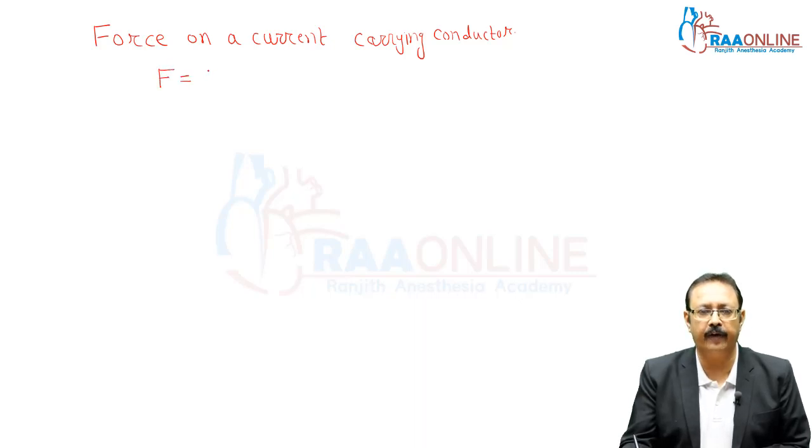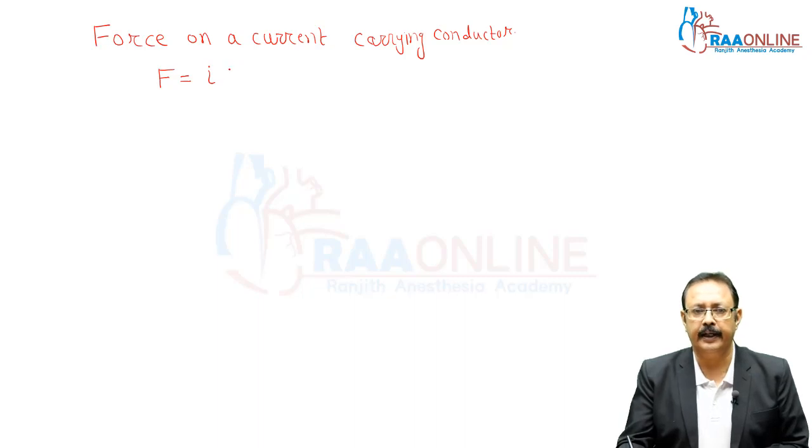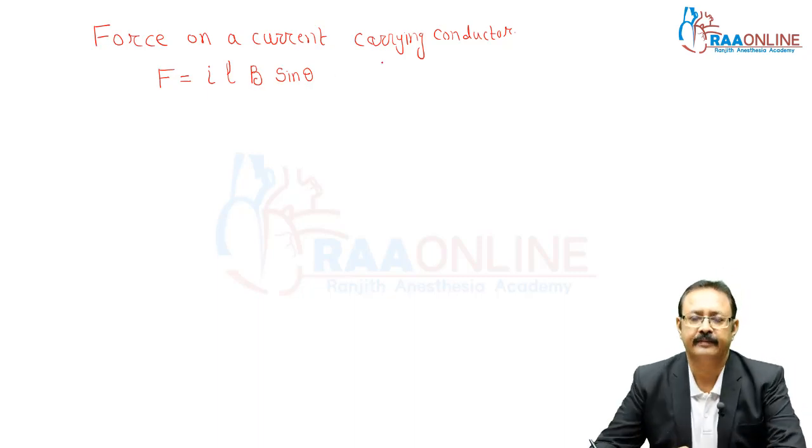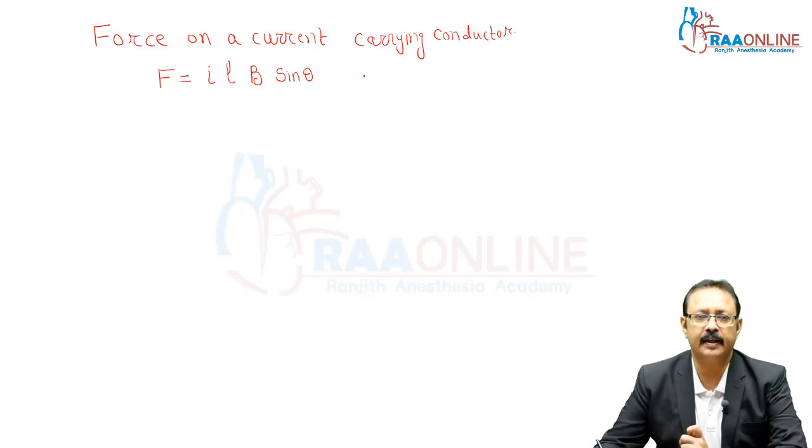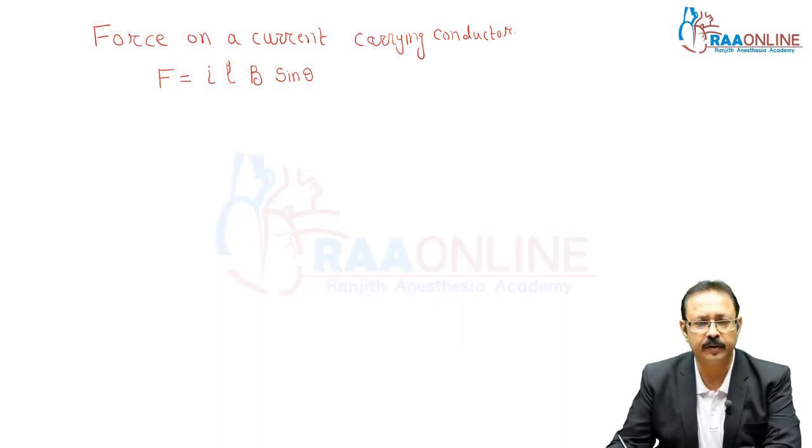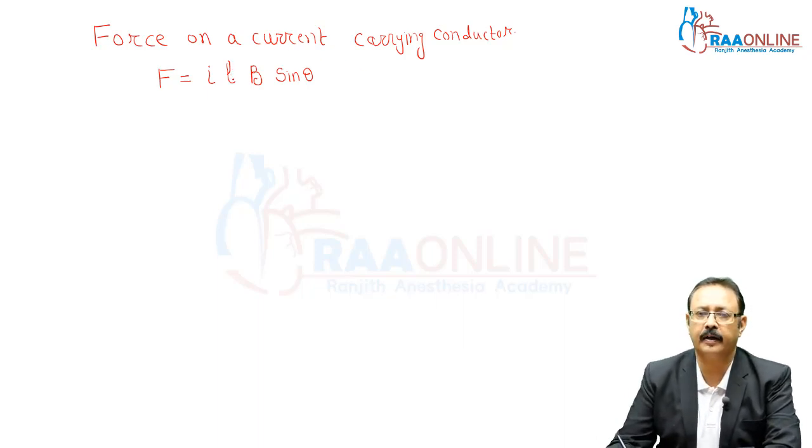It means if current I is flowing through a conductor of length L, which is placed in a magnetic field B, making an angle theta with the magnetic field, you will get this formula ILB sine theta. So this is the force on a current carrying conductor.